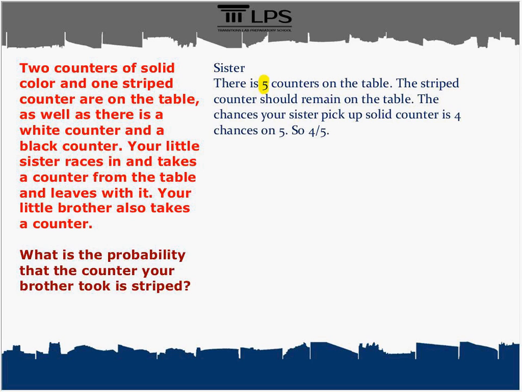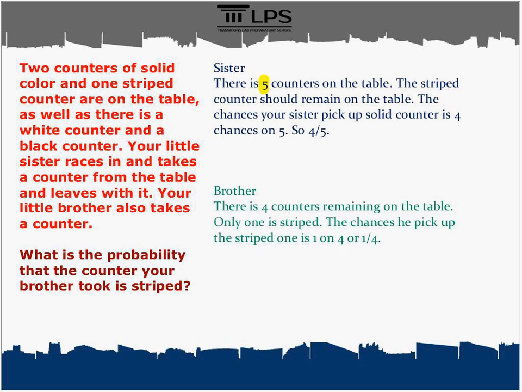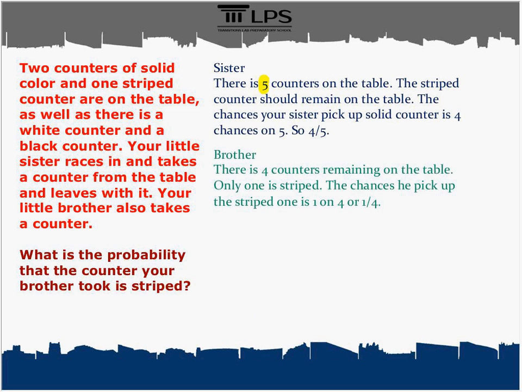How have I found that there are 5 counters on the table? The chance the sister picked up a solid counter is 4 by 5. Now the brother comes and picks the striped counter. There is only 1 striped counter.